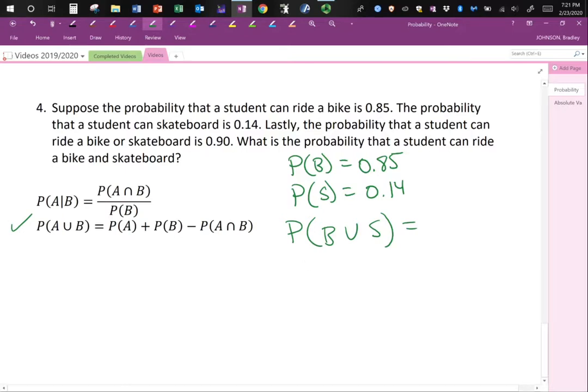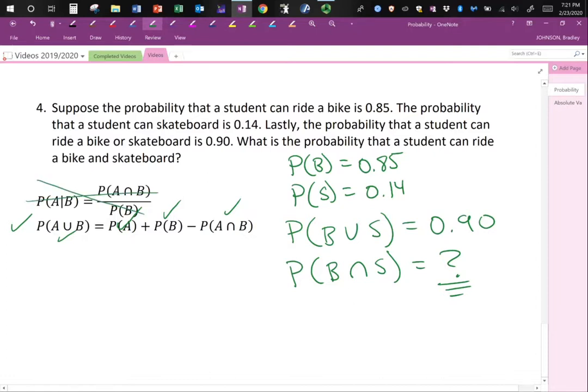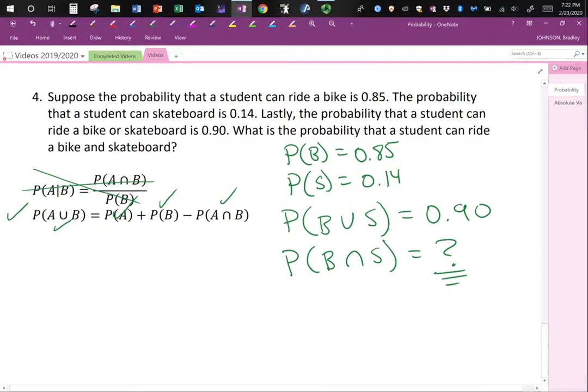And then we were given that that's 0.90. And then what is the probability that a student can bike and skateboard? This is what we're looking for. And you can see we have probability of 2 individuals, and then we have the intersection that we're looking for and a union that we have, but we were not given any given statement, truly, right?